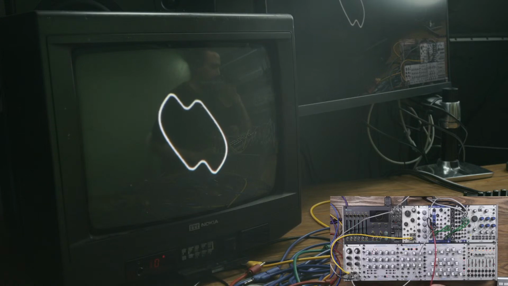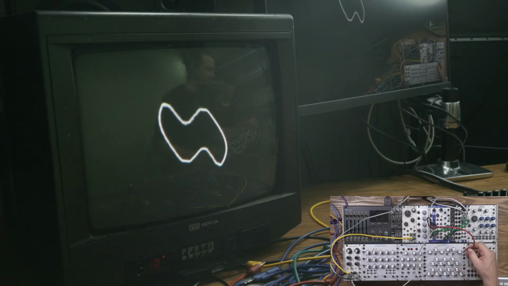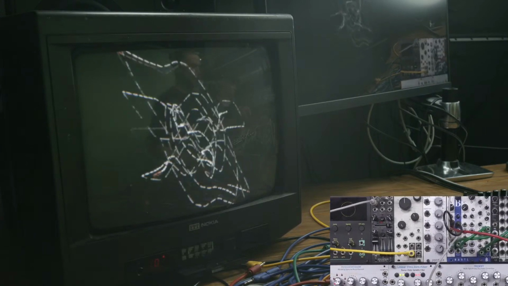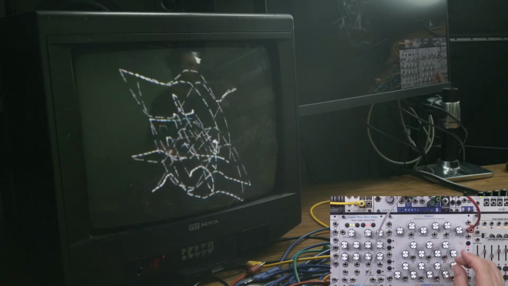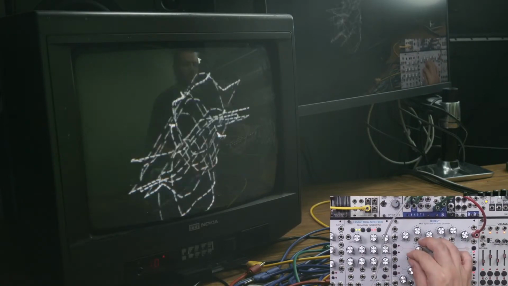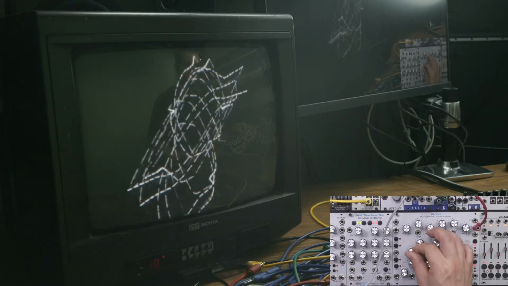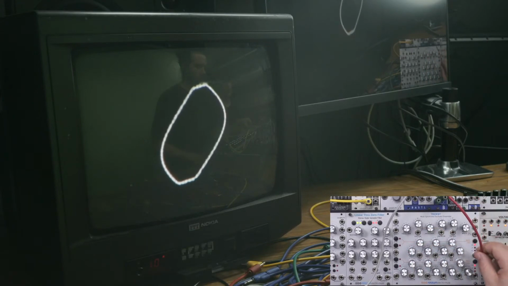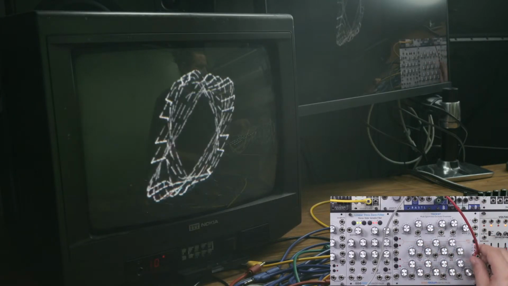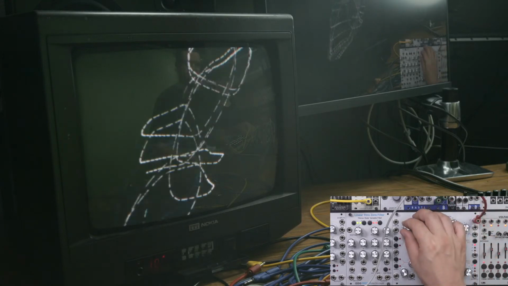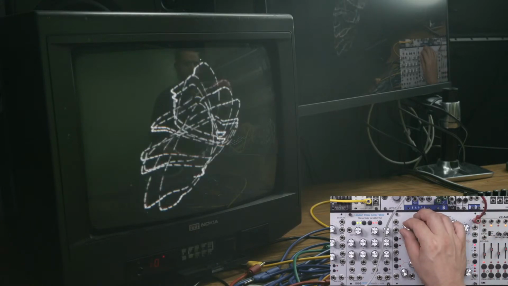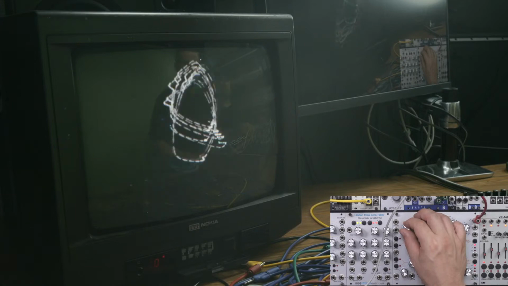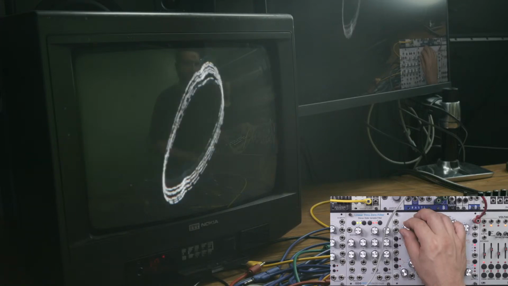And I could take a VCA again and start modulating the volume with a higher frequency signal. Let's use this one for now. Oh no, actually this one was fine. I'll try to find the frequency that is related.